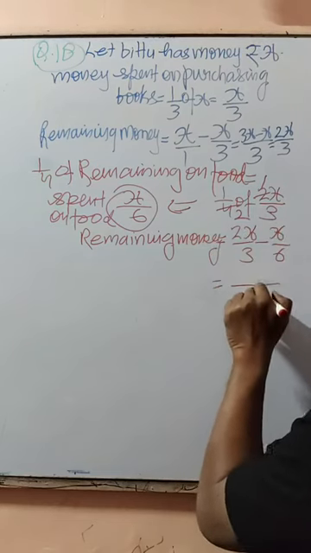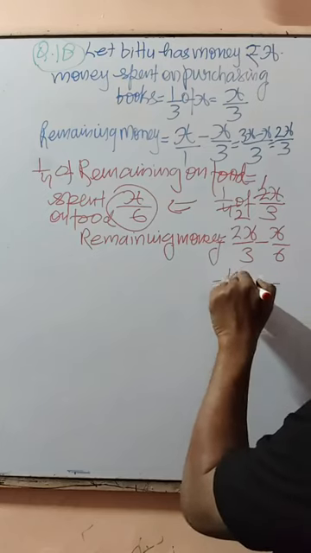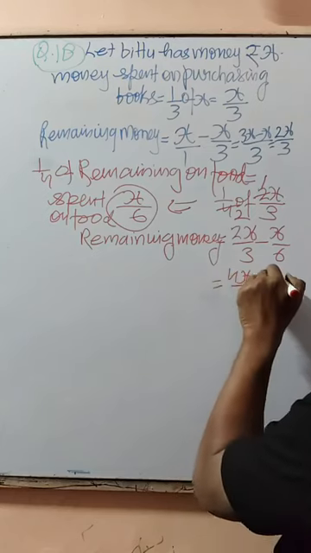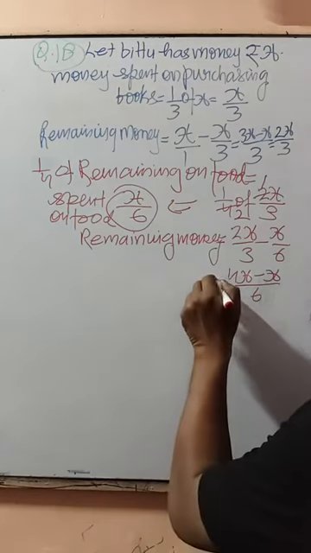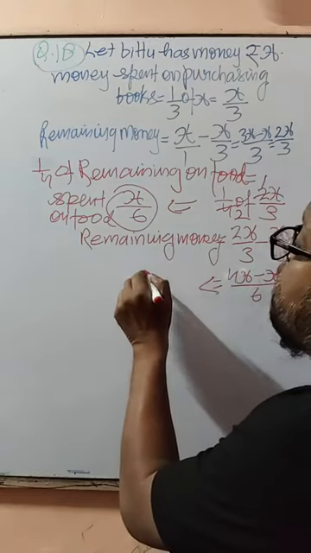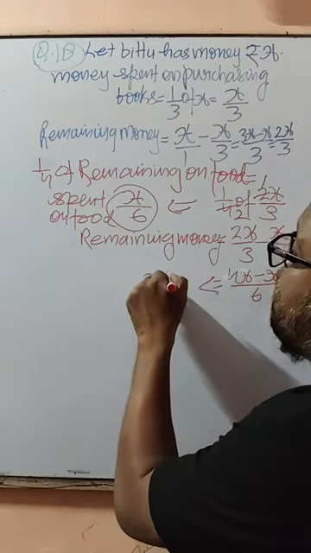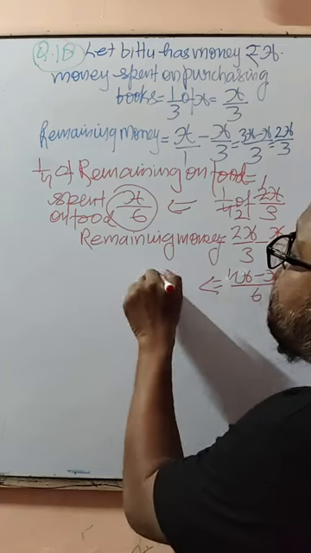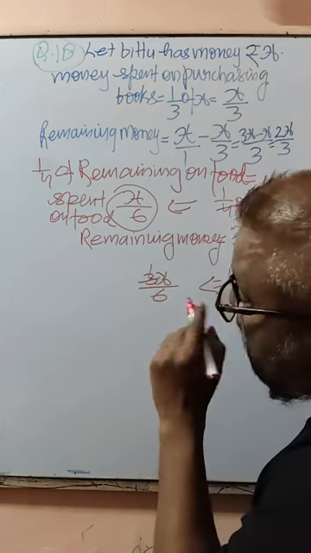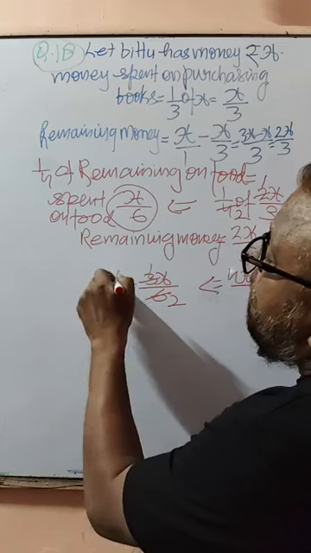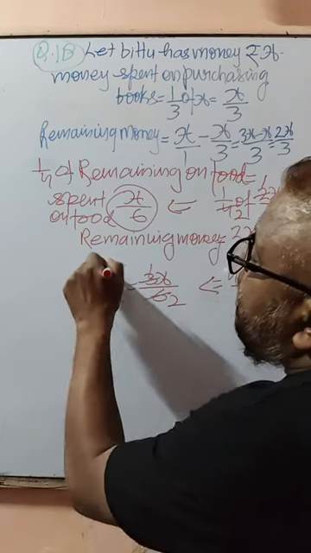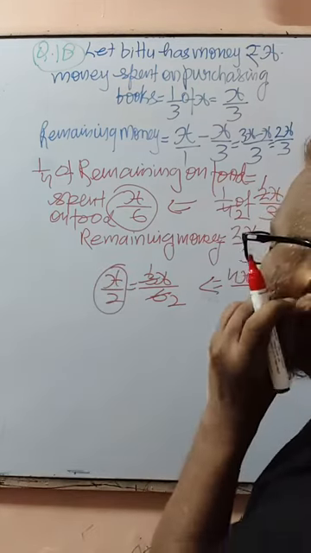We take 6, so it becomes 4x minus x, which is 3x upon 6. So it becomes x by 2. Remaining money now is x by 2.